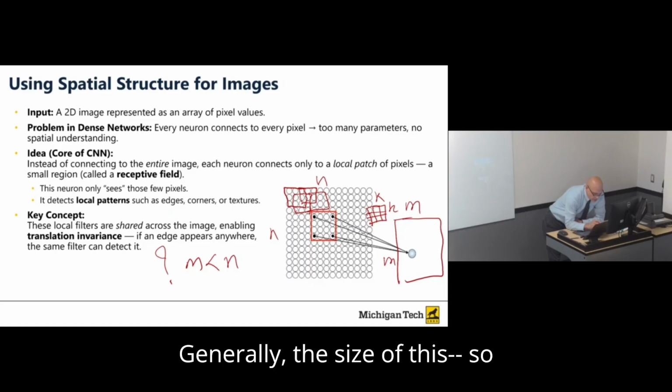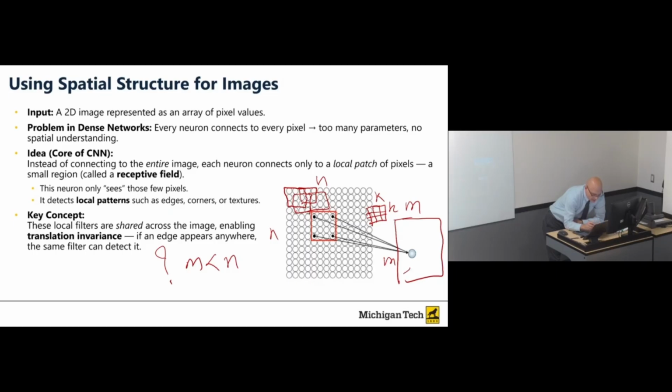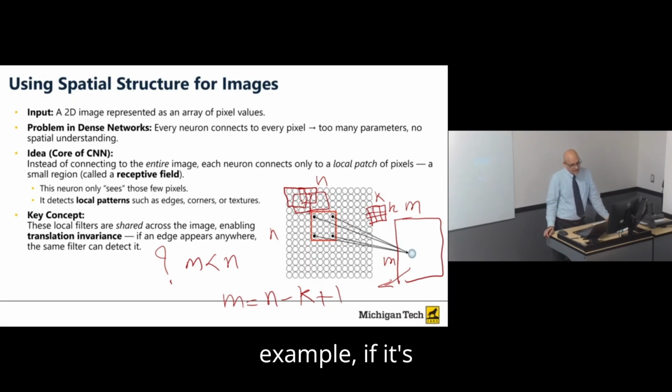So generally, the size of this, so the M, will be n minus k plus 1.